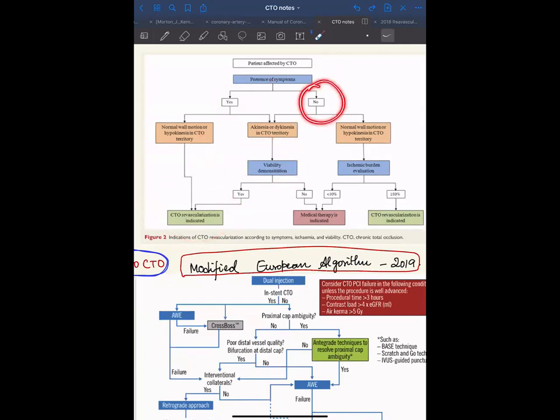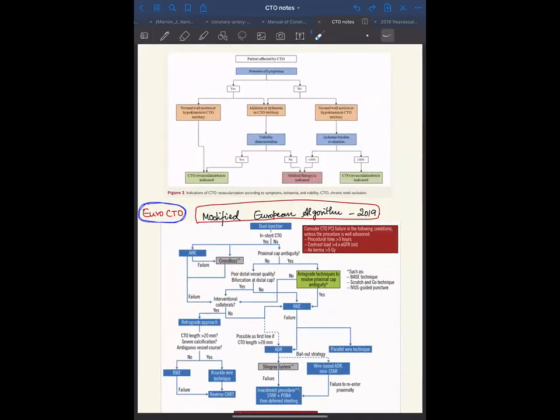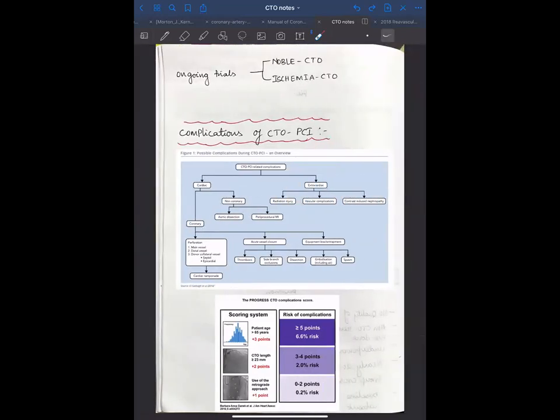If they are not symptomatic, but there is hypokinesia and the ischemia burden is more than 10%, then we are justified in revascularizing. The 2019 European algorithm has also been published. This is similar to our Asia Pacific algorithm, so I'll not go into this. This is just for reference I have kept here. The ongoing NOBLE CTO and ISCHEMIA CTO trials will give us more insight into the actual MACE.